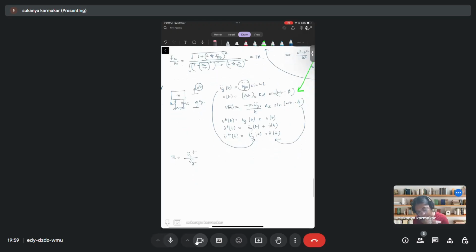Suppose u of t is minus m ug double dot by k, RD sine of (omega t minus phi).